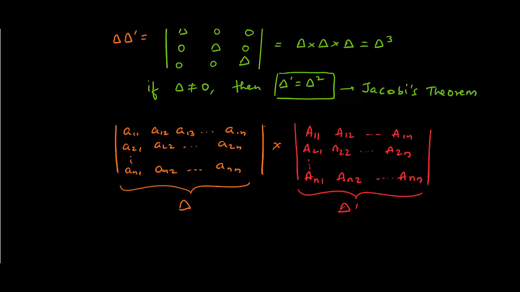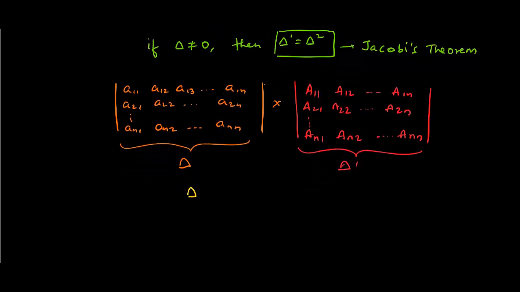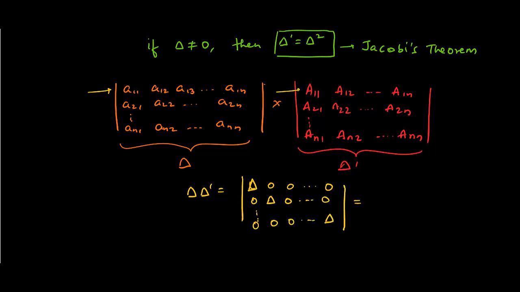I straight away get delta into delta dash is equal to, now again when you multiply this row with this row, you get the value of the determinant which is delta. Next element will be 0 because we multiply the first row elements with the cofactors of the second row. Then again 0, so in this way all the rest will be 0. We get 0, delta, 0, and so on, finally delta, and this is a diagonal determinant, so its value will be delta into delta, and so on into delta n times.